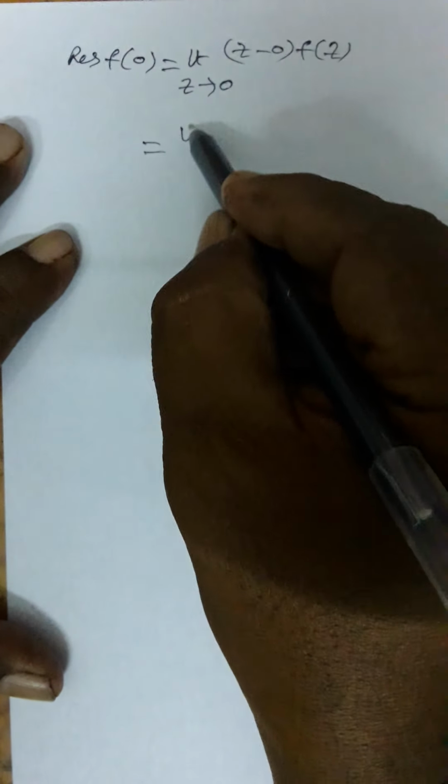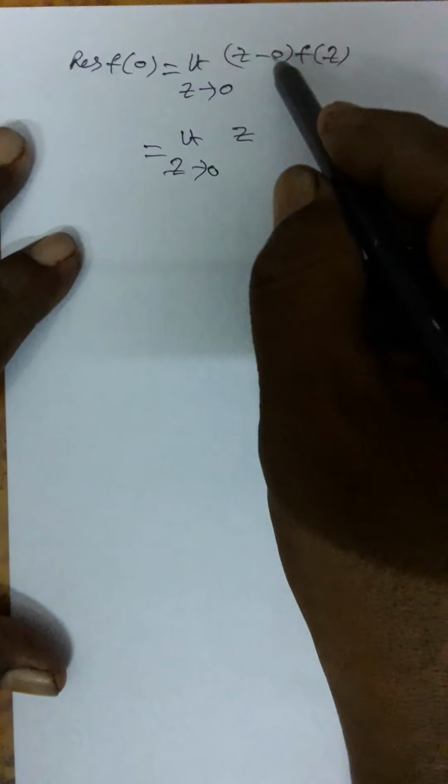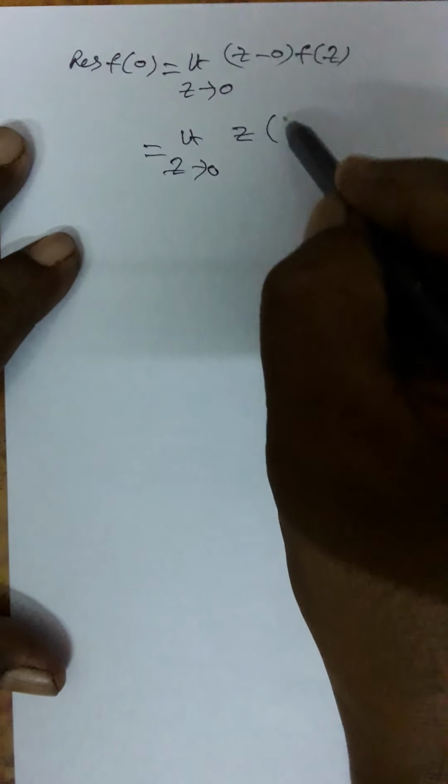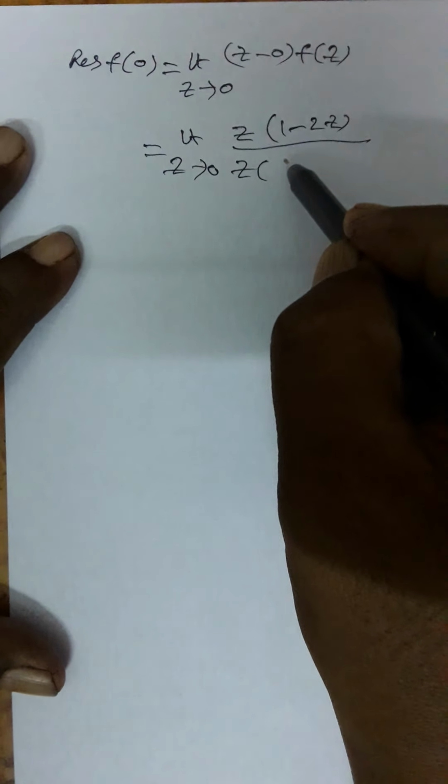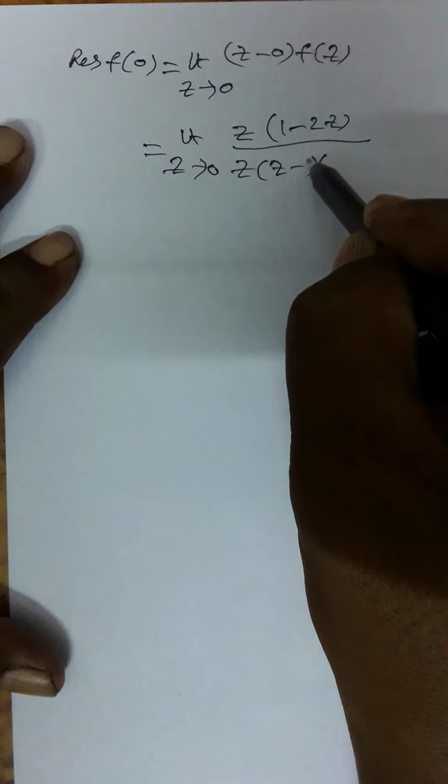Residue f of 0. Use result 1. Limit z tends to 0, a is equal to 0 here, (z minus 0) into f of z is equal to limit z tends to 0, (z minus 0), what is your f of z? (1 minus 2z) by z into (z minus 1) into (z plus 2). z cancels.